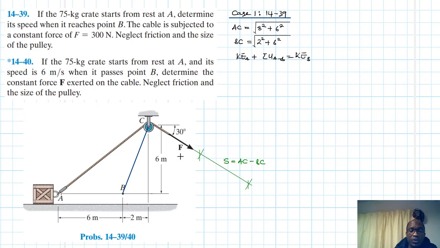When we look at the work done by the force, we have the force like so and the displacement like so, and this of course will give us positive work. Since our box starts from rest, the initial kinetic energy is equal to 0.